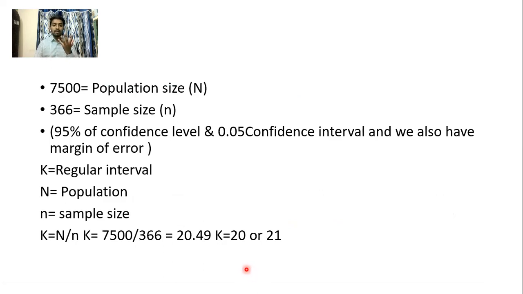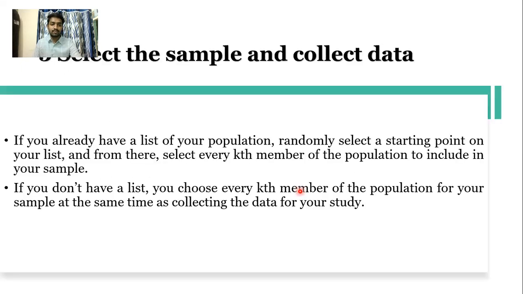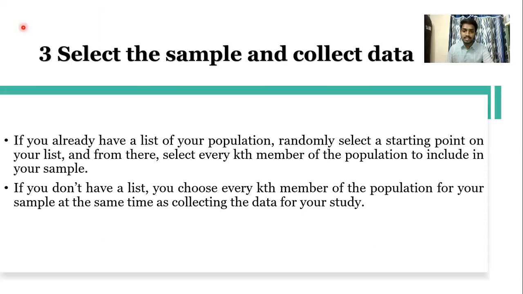Out of 366, the next intervals of 20 are the 40th, 60th, 80th, 100th, 120th, like this. I'm going to conduct the survey on every 20th individual. This is how you bring out the regular interval when you don't know the interval size.